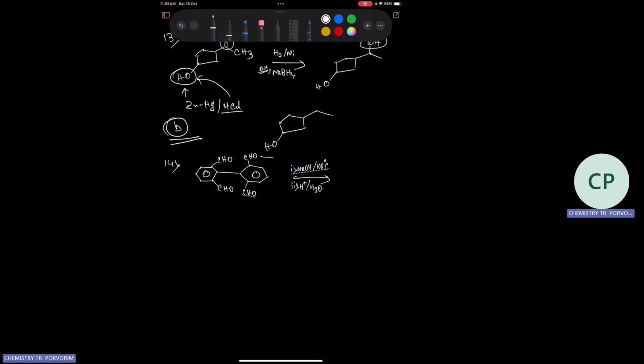So OH minus first attacks this CHO, and there will be a hydride shift, like Cannizzaro. So with the hydride shift, the product should be this.